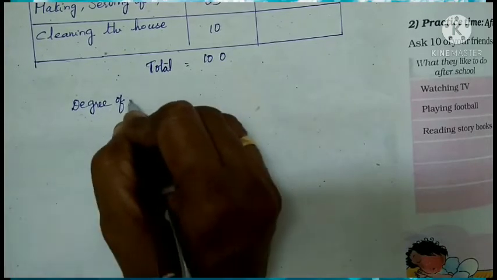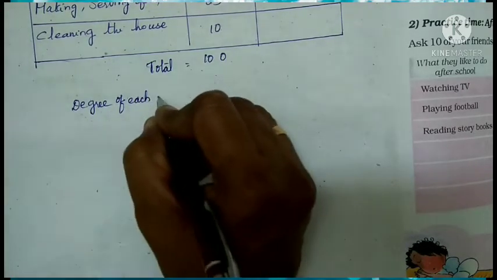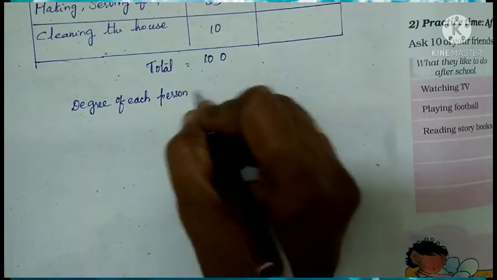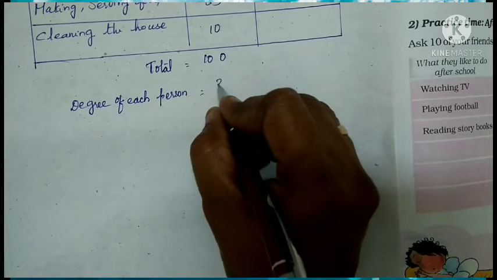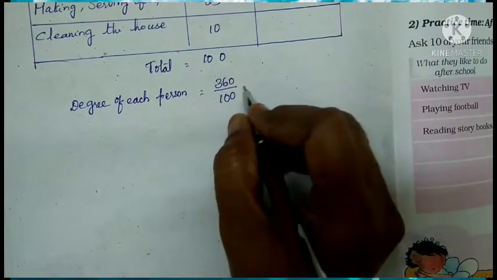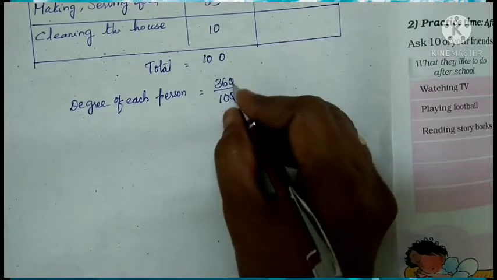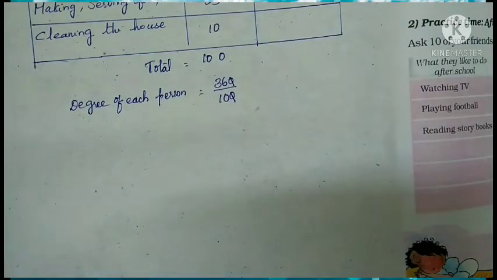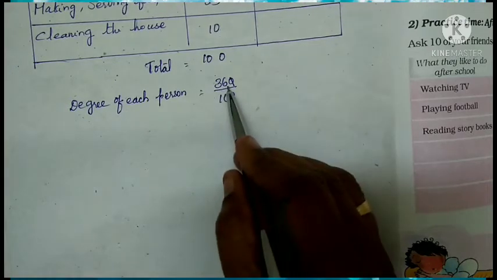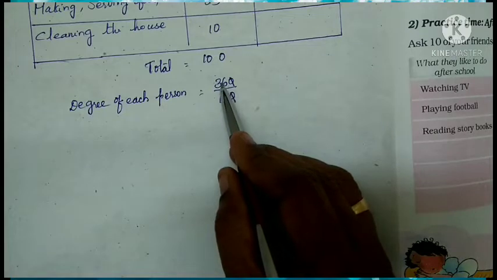The degree of each child or person is 360 divided by 100. The zeros cancel. This is division by 10, so we put one digit after the decimal point.